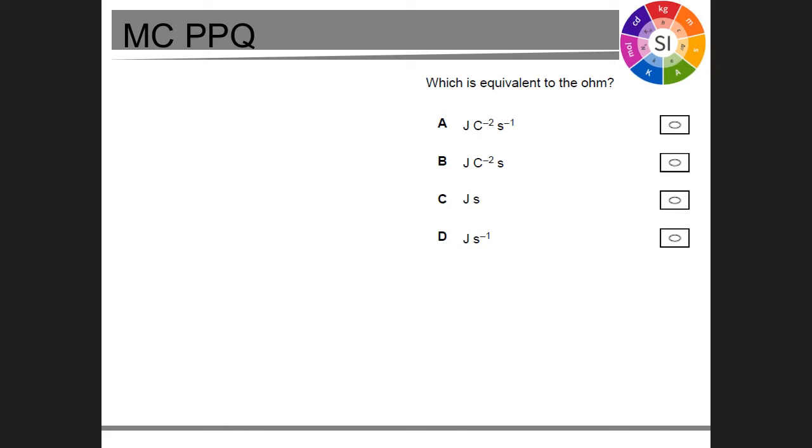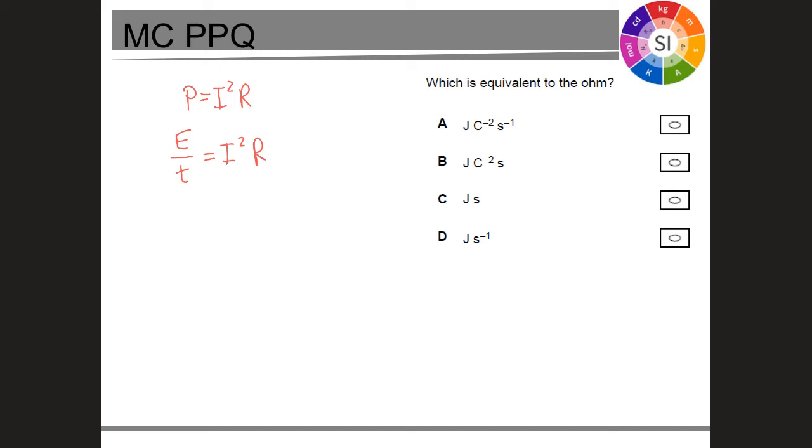So rather than a V equals IR type thing, we might want to use something like P equals I squared R, because then power is energy per unit time. And that gives us our resistance and our energy inside the same equation.